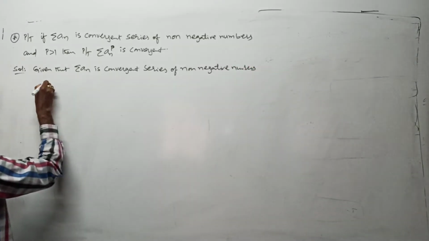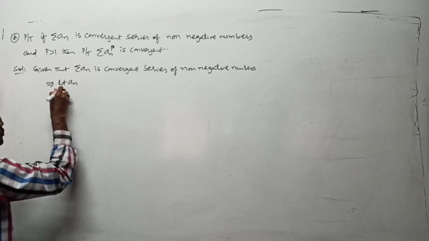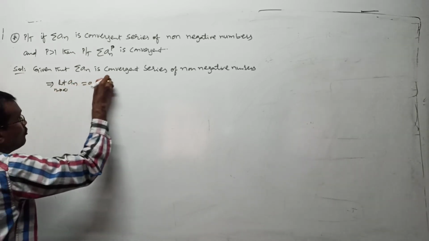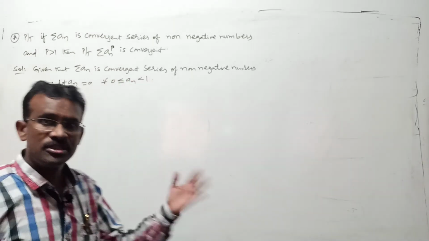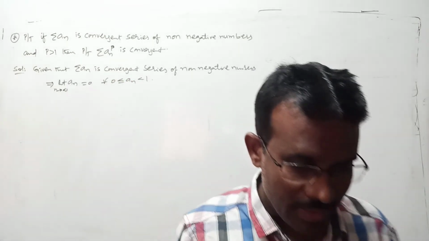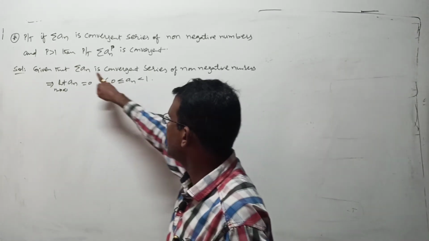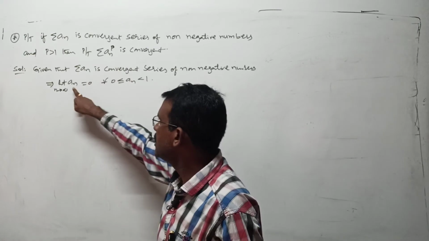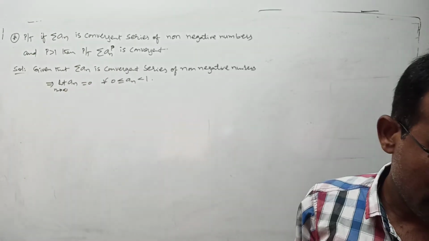This implies whenever sigma an is convergent, limit an as n tends to infinity is 0, for all 0 less than or equal to an less than 1. This is always possible. Whatever the situation, whenever sigma an is convergent, 100% limit an is 0, right? That is how I proceed there.